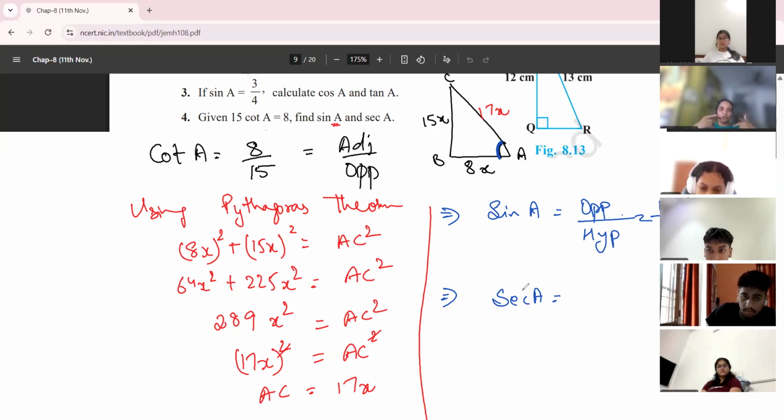Sec is the inverse of cos. So cos is adjacent by hypotenuse, so here I can write hypotenuse by adjacent. Understood or not? That means this is 17x by adjacent 8x. So 17 by 8. Clear or not, everyone?